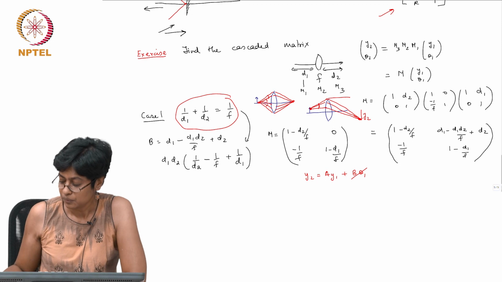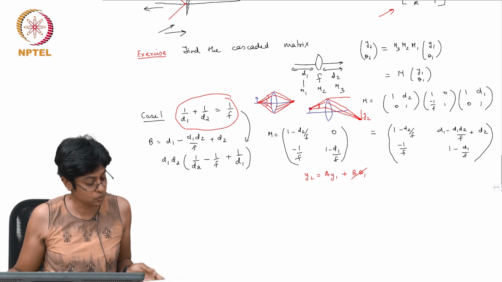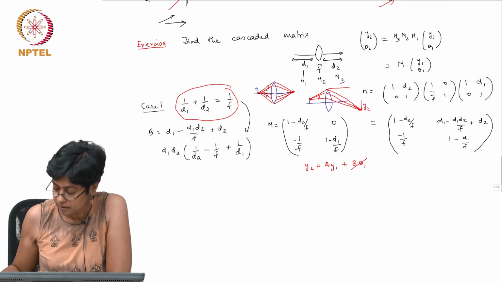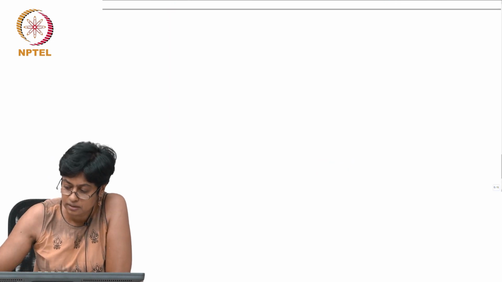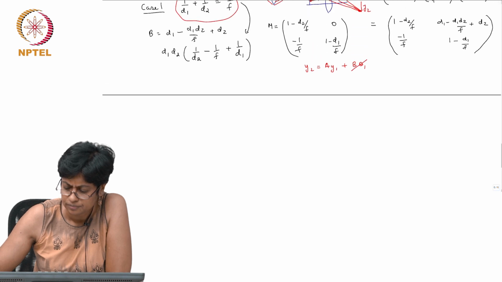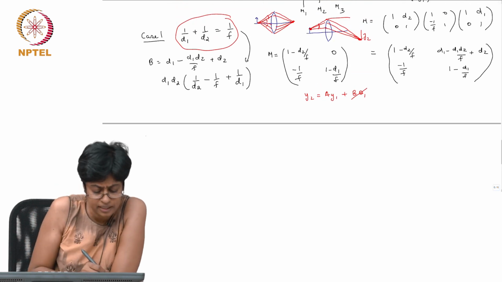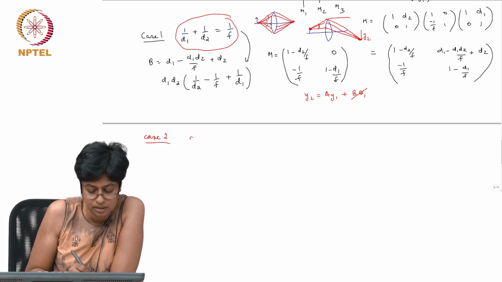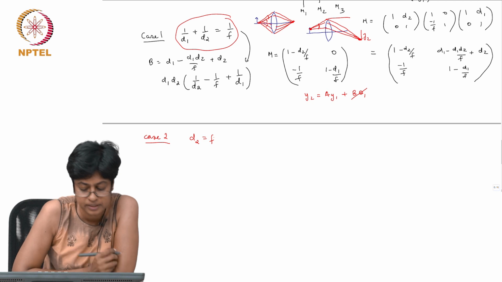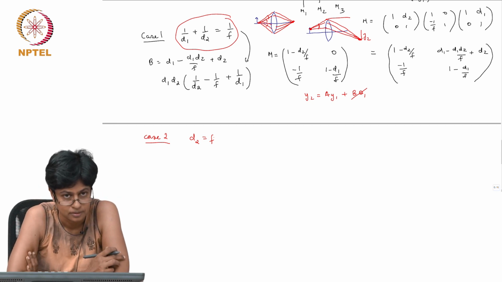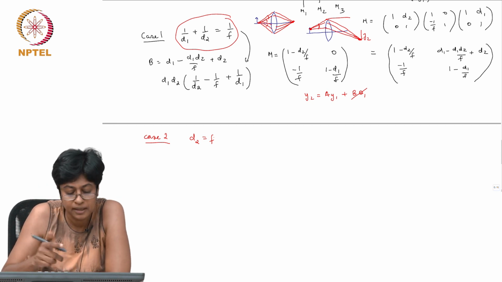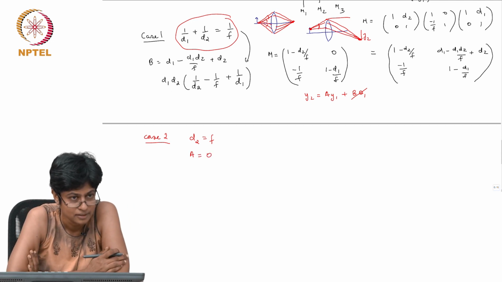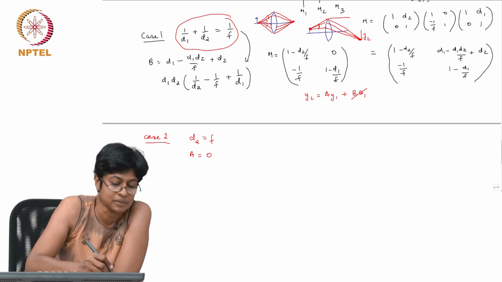We can look at one more thing before we end the class. Let's take the case where D2 is F. I am not considering the first case anymore. Let us say we take this case where D2 is F. That will make coefficient A go to 0, right? Now, what does that mean?